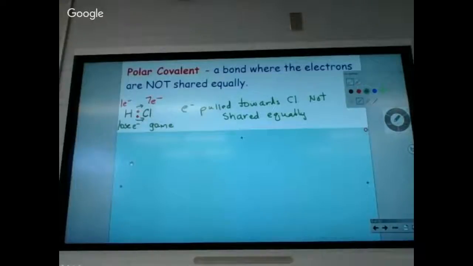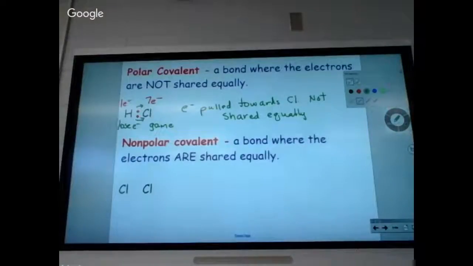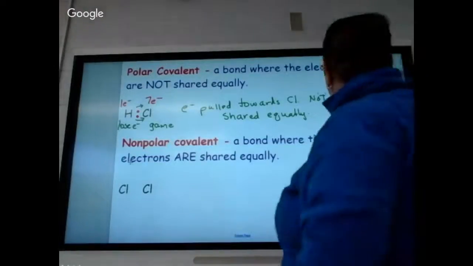Now, the flip side of that is called a what kind of bond? A non-polar covalent bond. All right? A non-polar covalent bond is a bond where the electrons are shared equally.